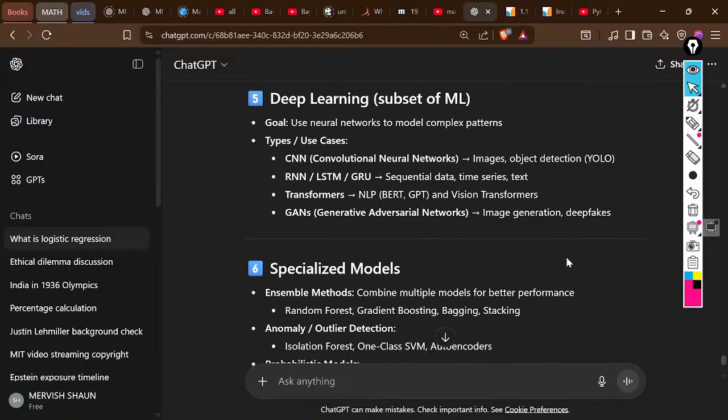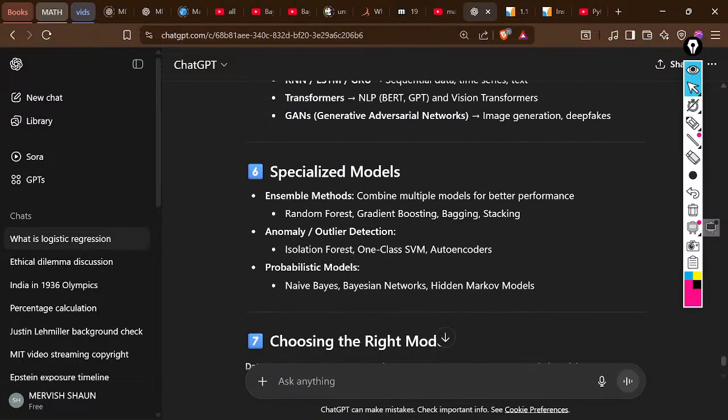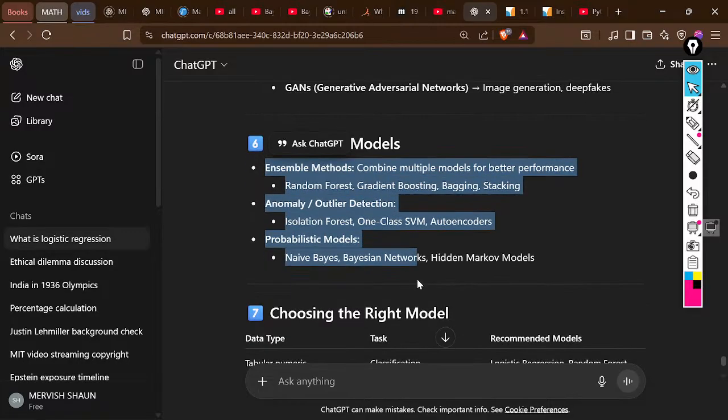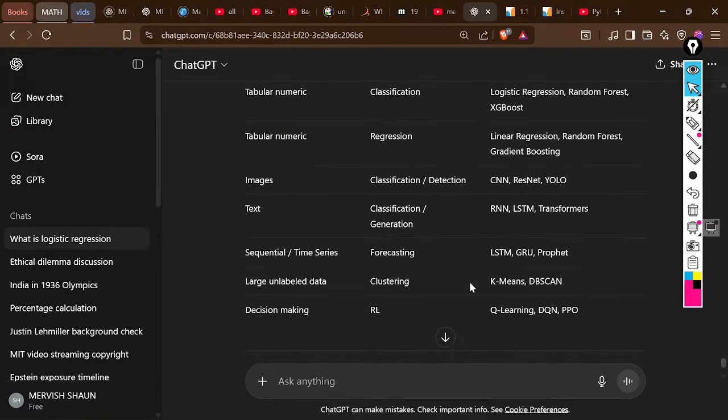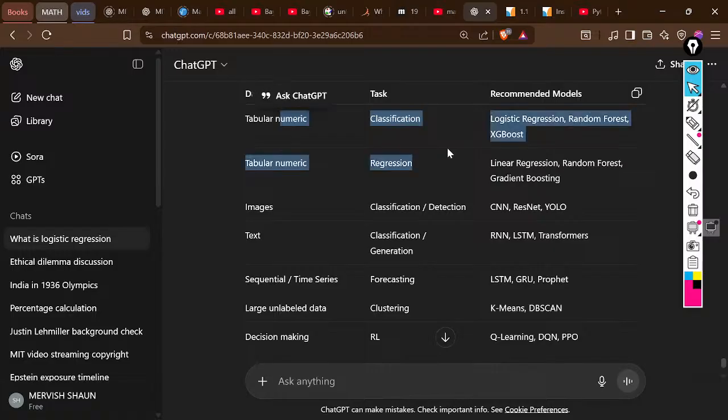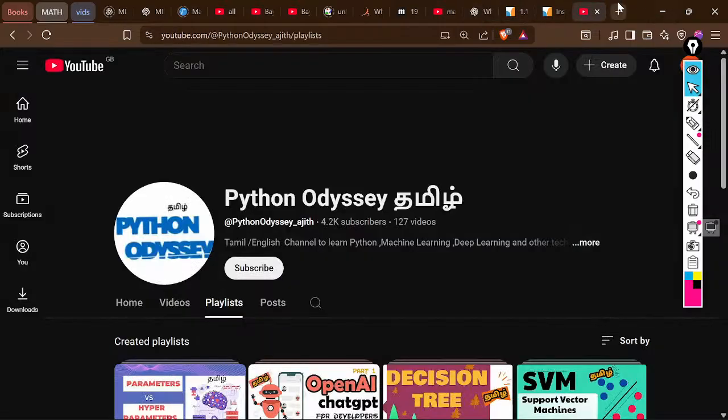Deep fakes, crazy. Specialized models. Regression for tabular data. If it's a tabular model, I need to be using regression. Tabular, numeric, recommended models. Classification. What is the difference between classification and regression?